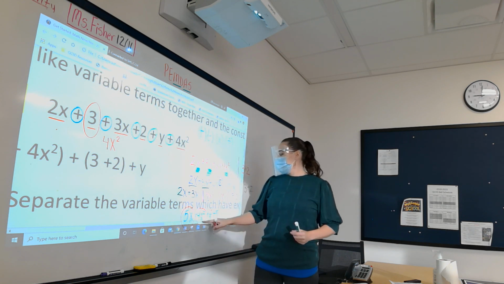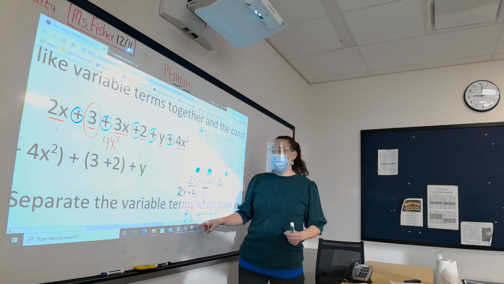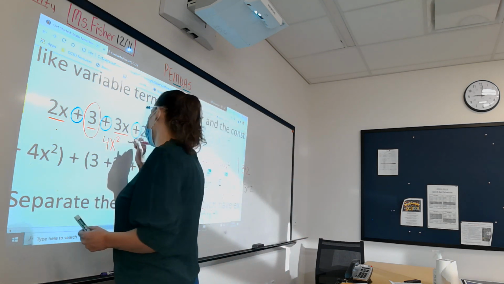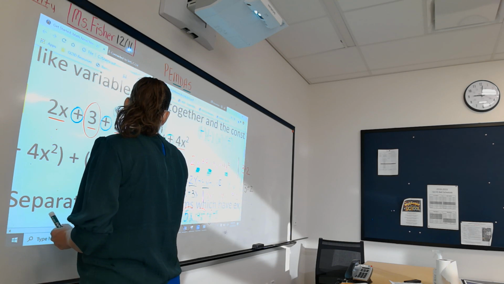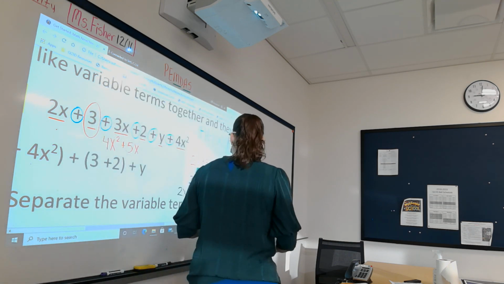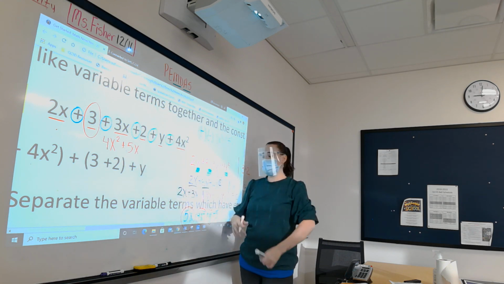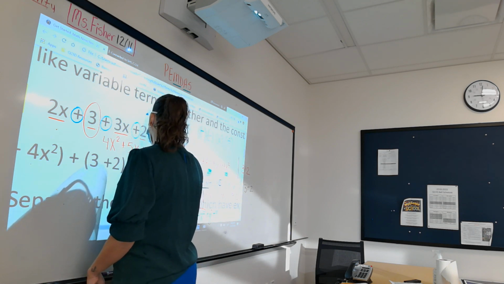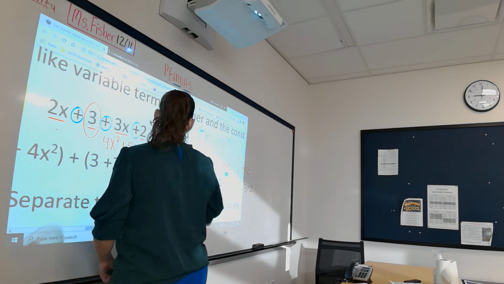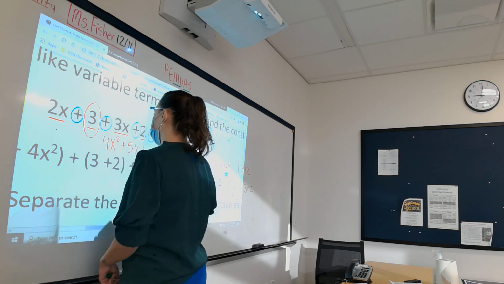Okay? Since there's another x term, that term would follow it. So you would say plus 5x. Again, variables always come first. Your constant, which is just your number, is last. So now I'm going to say plus y. And then you put your constant last, plus 5.